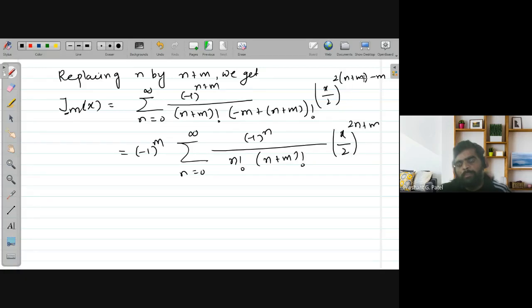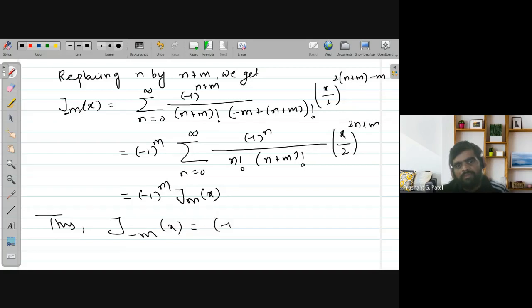And what is this quantity? It is (-1)^m into J_m(x). Thus, what we have is J_{-m}(x) is (-1)^m J_m(x).